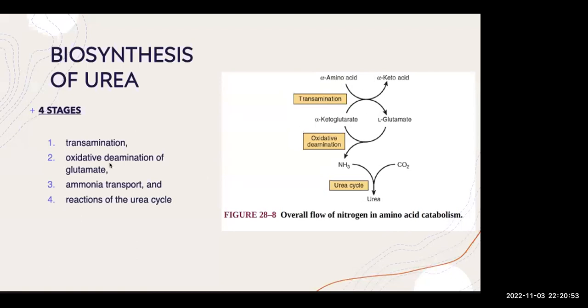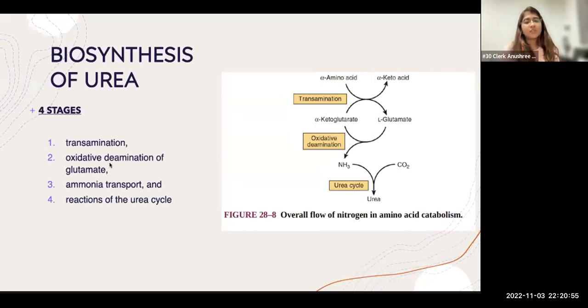Okay. So next would be the oxidative deamination of glutamate. Remember, guys, glutamate is the only amino acid, write this down, that can undergo oxidative deamination. None of the other amino acids can. Hence, everything that reaches liver is ultimately converted to glutamate, because that is the one that will release the ammonium ion and send the ammonia into the urea cycle.